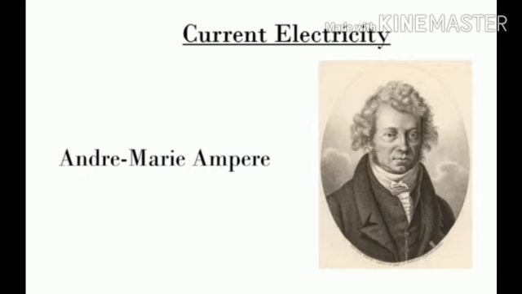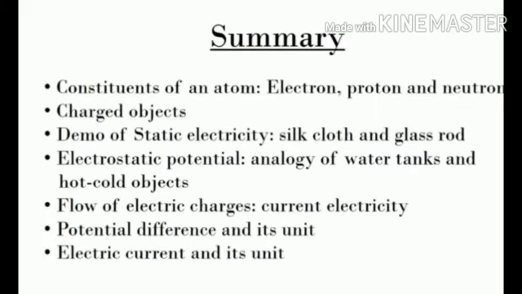Dear students, now let us summarize what we have learned till now. We have learned the constituents of an atom, that is electron, proton and neutron. We have also learned about charged objects. We did a demo of static electricity using a silk cloth and glass rod.